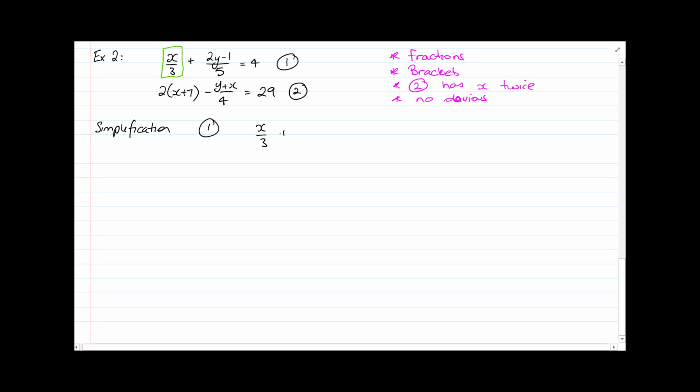x over 3 plus (2y minus 1) over 5 equals 4. I'm going to start by multiplying by 3, which will eliminate the 3 from the first term, giving me x plus 3 times (2y minus 1) over 5 equals 12, 4 times 3.